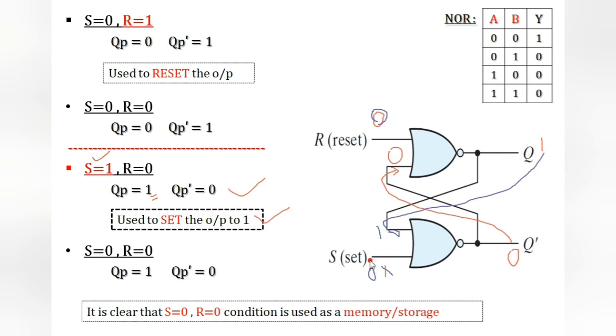Observe, 1 0 are my inputs. 1 0 results 0. This is my new output. 0 I am giving here. 0 0 results 1. My new output again.